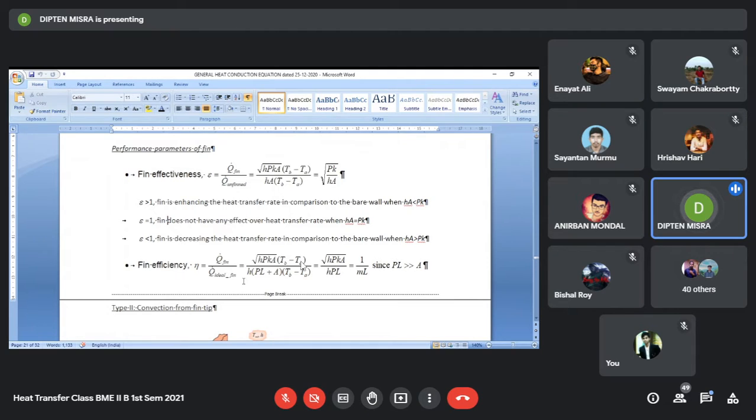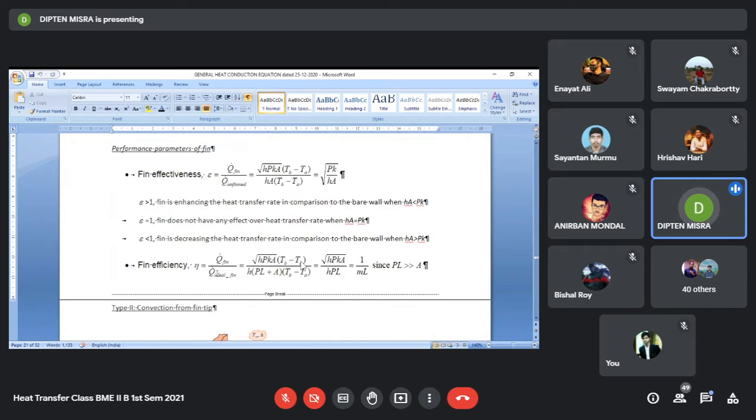Let me repeat once again, what is the maximum possible heat transfer from the fin? That is for a fin where the temperature drop along the length of the fin is negligible, where the fin temperature remains uniform throughout the length of the fin, and that temperature is equal to the temperature at the base of the fin, where the temperature is maximum.